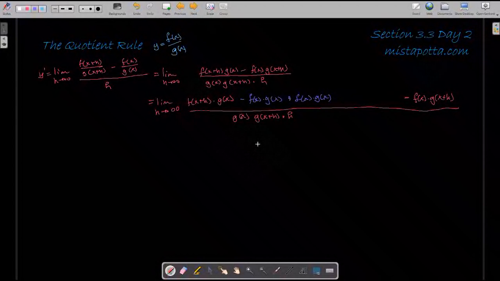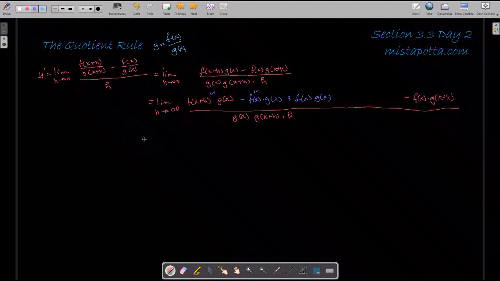And as I did before, I'm going to rewrite this as two separate limits. One limit involving these first two terms.